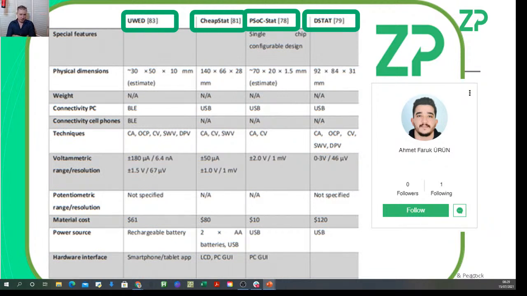I also have a suspicion that Aftab, who's also online today, might have done some electronics for potentiostat design. So we've got quite a few people in the developer zone who have an electronics background and know how to design this kind of stuff. If you're not sure, I'll put a link under the video afterwards, linking back to all these references, and you can take a look at those.